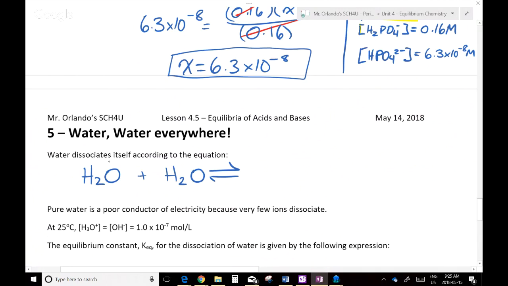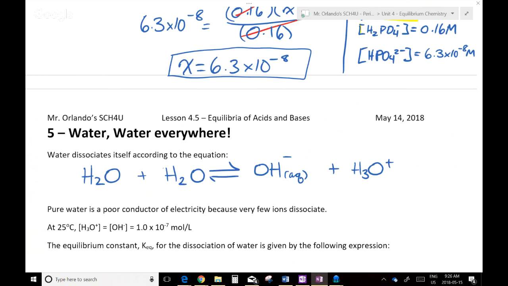If it behaves like the acid, it's going to give up one of its hydrogens, which will leave it as an OH- ion. And this water is going to behave like a base. It's going to take that H+ ion, which will then make it H3O+. So even pure water actually has some mildly acidic tendencies and mildly basic tendencies.